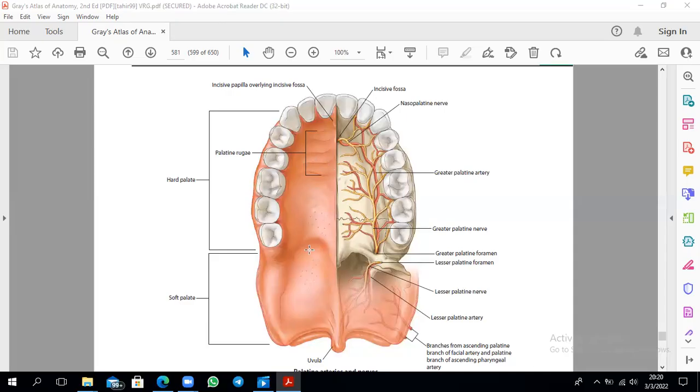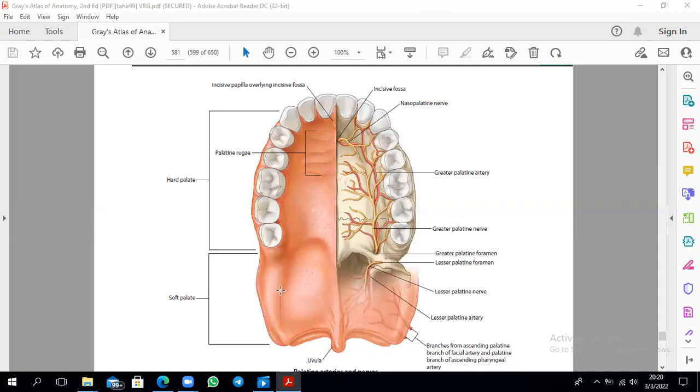Then the soft palate is simply a soft mobile muscular flap which hangs down, and it separates the nasopharynx from the oropharynx, if you've watched the video on the pharynx. This is a fold of mucous membrane and it encloses 5 pairs of muscles.